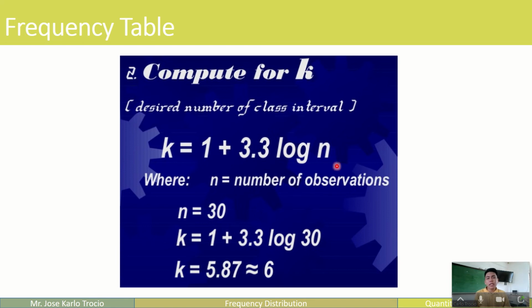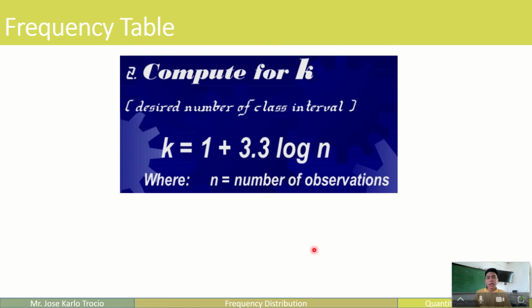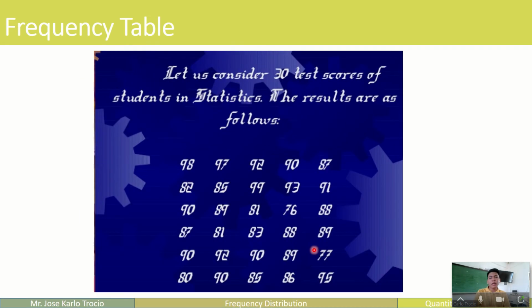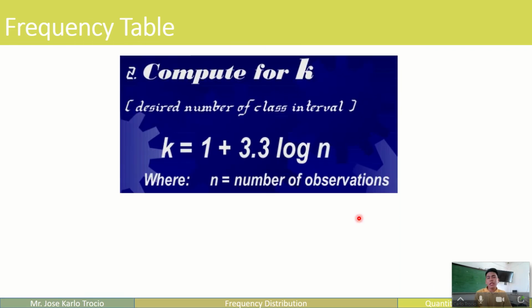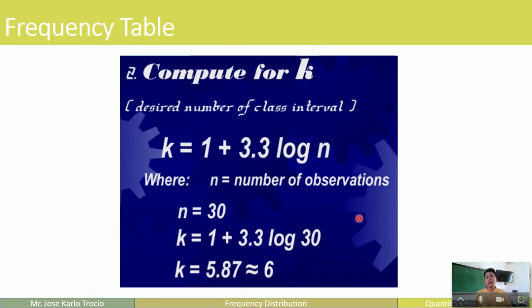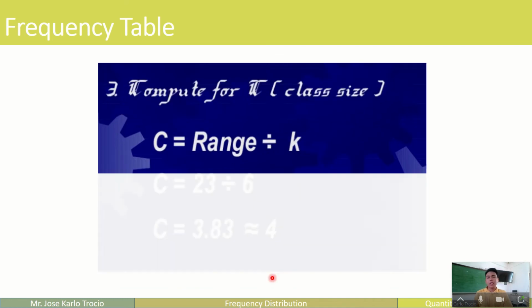Here, n is the number of observations, which is 30 because we have 30 data. So you substitute 30, type it in the calculator, and then you will have 5.87. Since we are going to find the number of class intervals, we round it off to a whole number. 5.87 becomes 6.